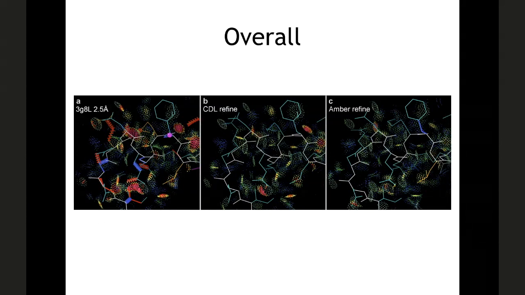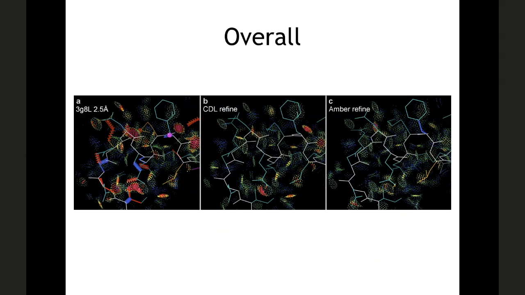You do a CDL refinement, and things are improved. Phenix does a good job of that now with its different algorithms to try and improve the geometry. But you can also see that Amber does a better job. It has reduced the number of red areas in the probe map significantly.